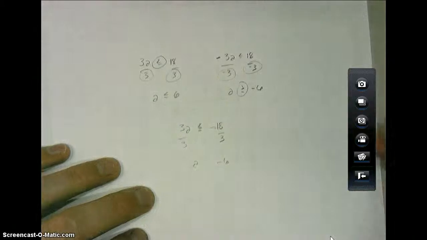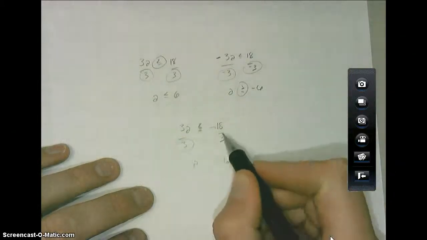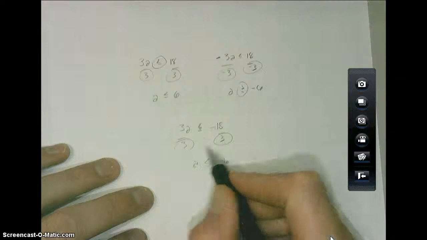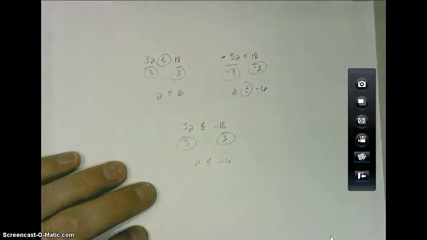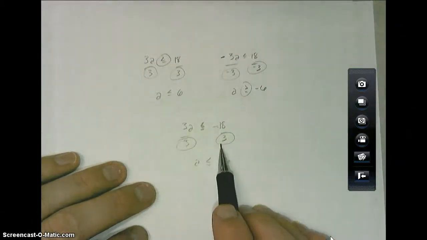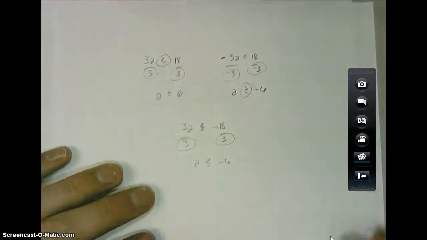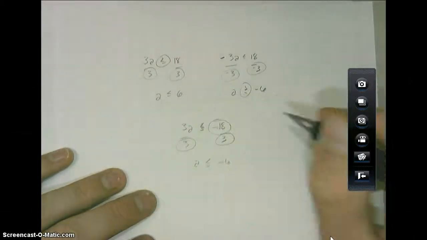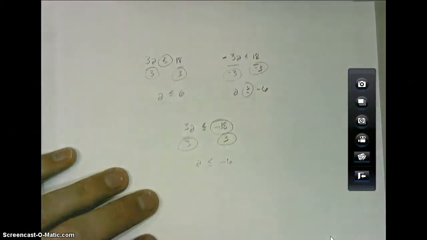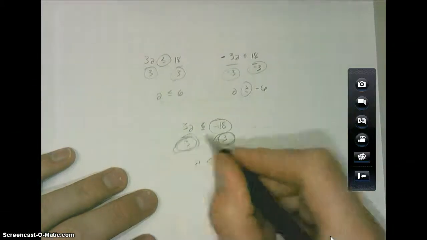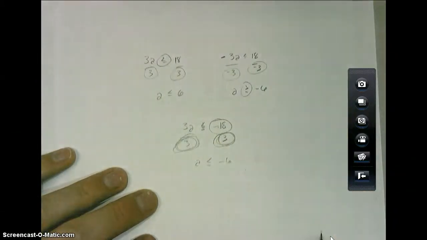Okay, that is not true. If you are dividing by a negative, you switch the sign. If you're dividing by a positive, you're multiplying by a positive, the sign stays the same. It has nothing to do with whether or not this number is positive or negative. It has everything to do with whether this one is positive or negative.